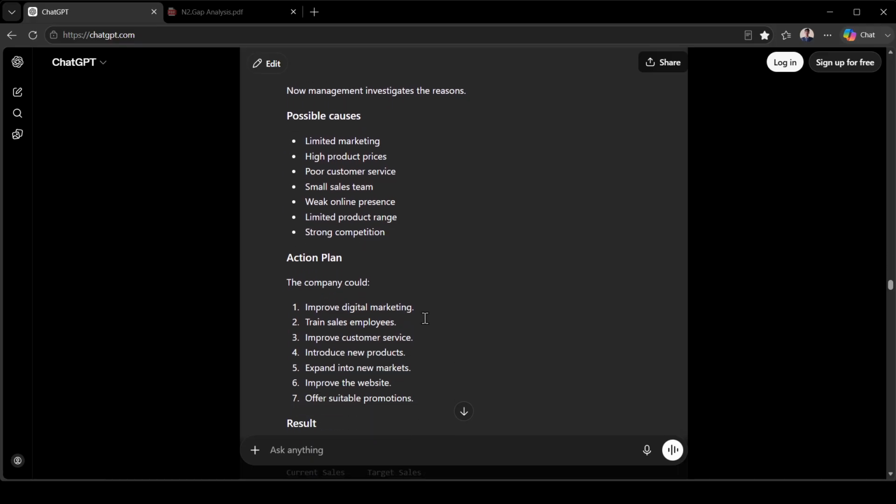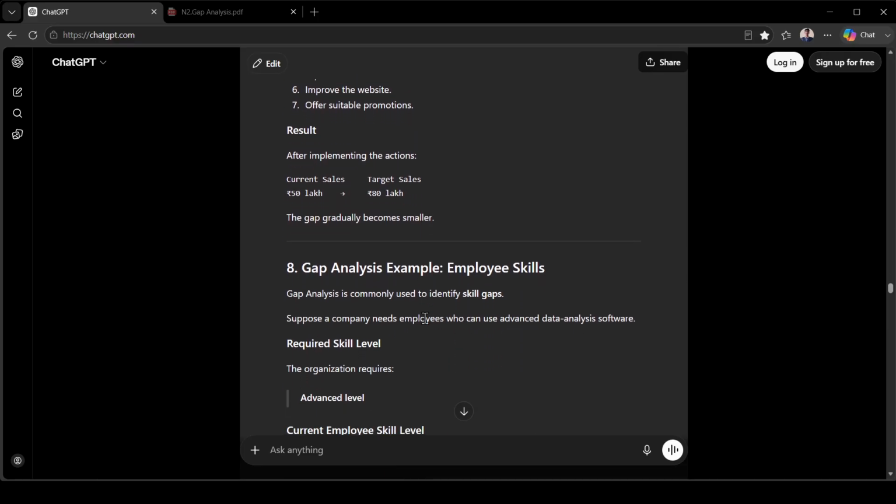Action plan: the company could improve digital marketing, train sales employees, improve customer service, introduce new products, expand to new markets, improve the website, and offer suitable promotions. Results after implementing the action: the gap gradually becomes smaller.